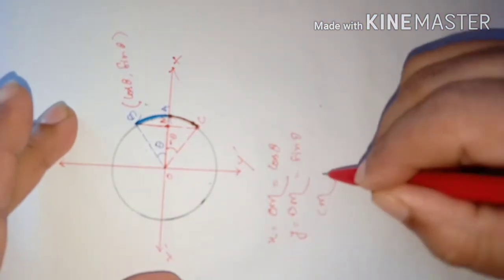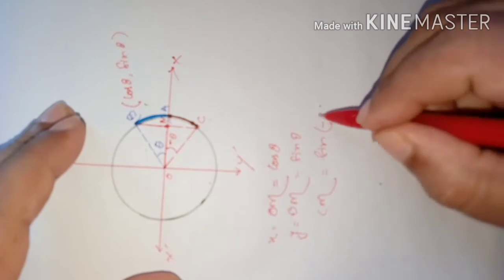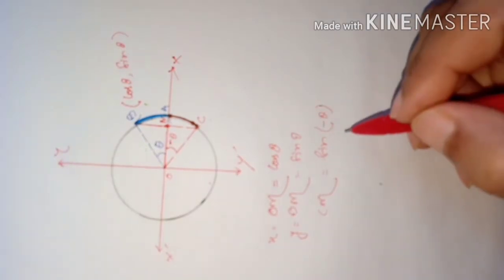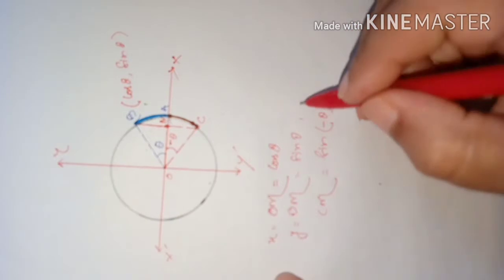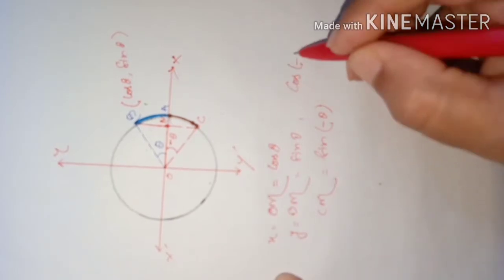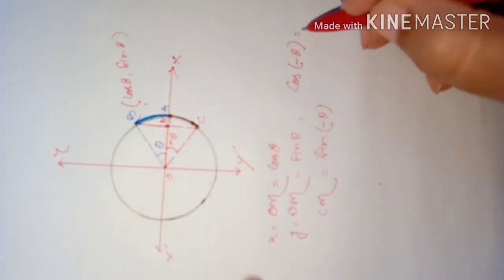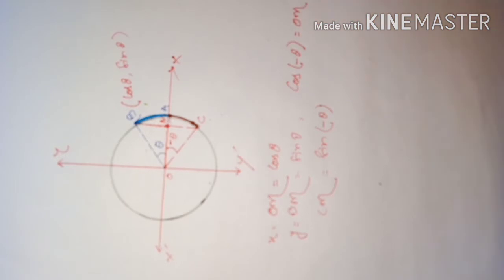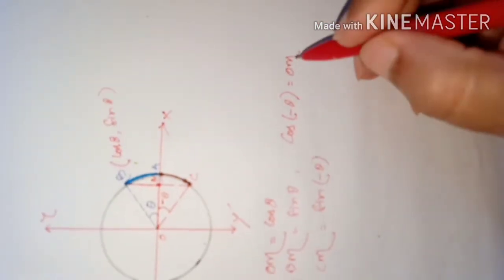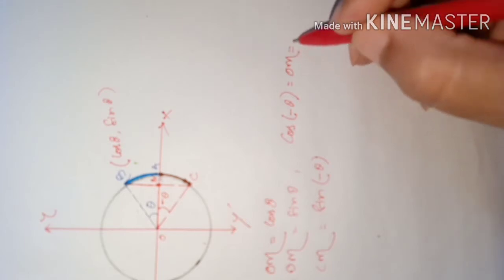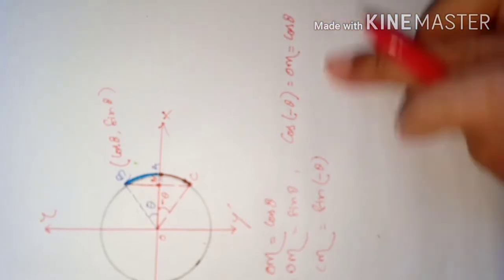CM will be equal to sine of minus theta. And OM is for this angle, cos of minus theta. But cos of minus theta is OM only, which is again positive. So cos of minus theta is cos theta.